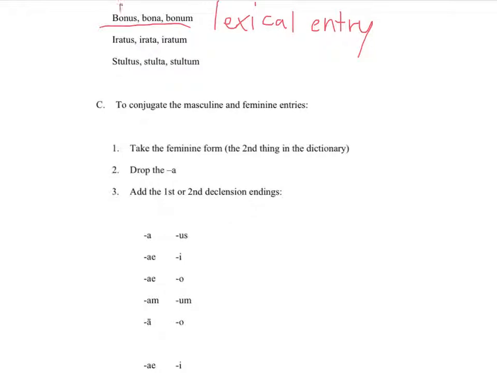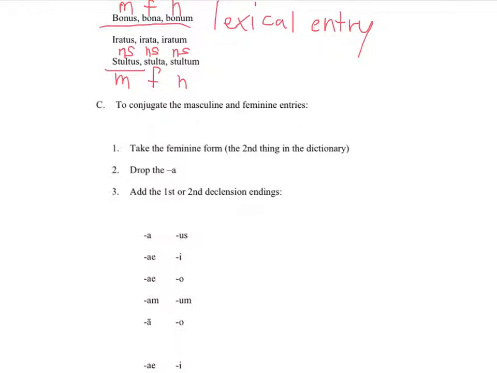You can see that they have a masculine form for an adjective, a feminine form, and a neuter form. The masculine form always comes first, the feminine second, and the neuter third. That will always apply in this class. And you can see that these are all the nominative singulars of the respective adjectives.